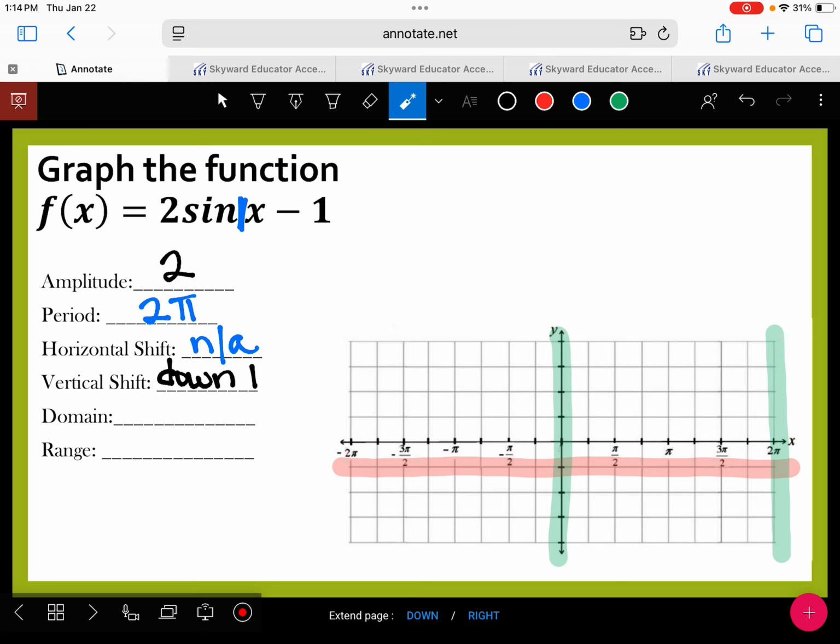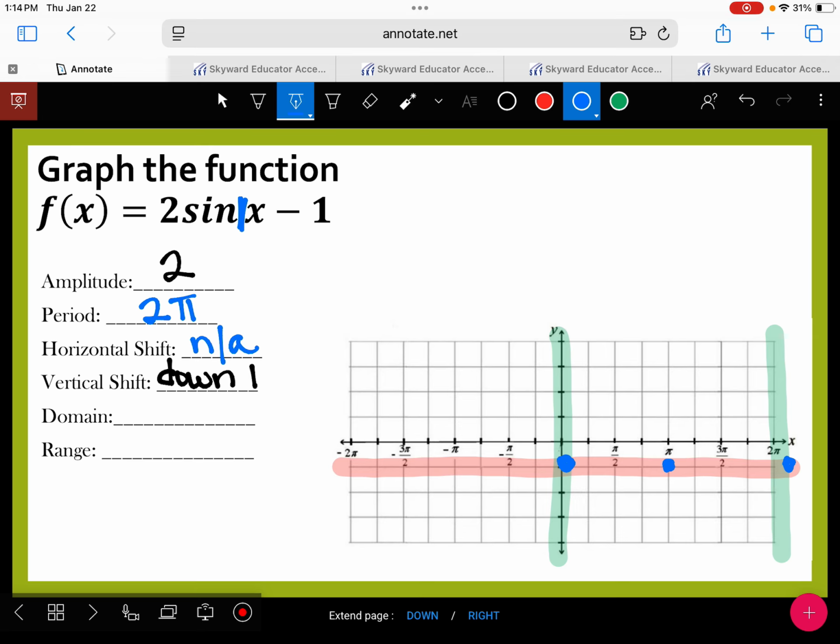Look at your notes. Sine starts in the middle. The reason I like sine is that it hits the middle 3 times, so I put down all 3 points: at 0, at pi, and 2 pi.